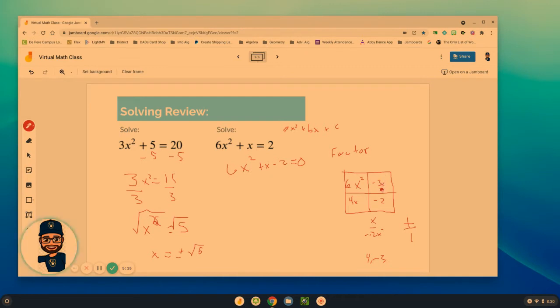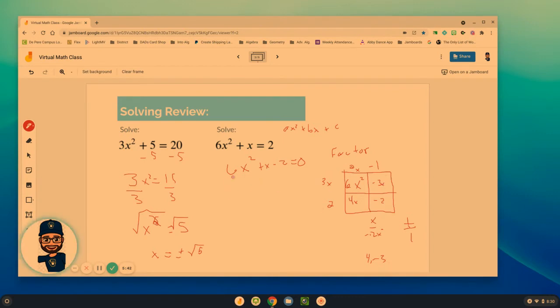And then I'm finding the GCF four times. The GCF of 4x and negative 2 is 2. The GCF of 6x squared and negative 3x is 3x. The GCF of 6x squared and 4x is 2x. And the GCF of negative 3x and negative 2 is 1, but this is going to be negative because the box closest to it is negative.